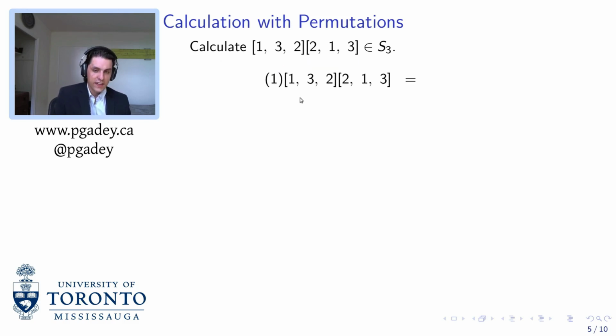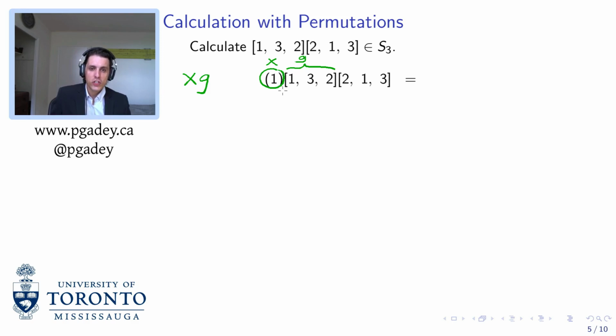So we're going to feed in the number 1. And just remember that in this course, when we write a group action, we write x, g. So here is our x, and here is our g. So we're going to look at what g does to x.